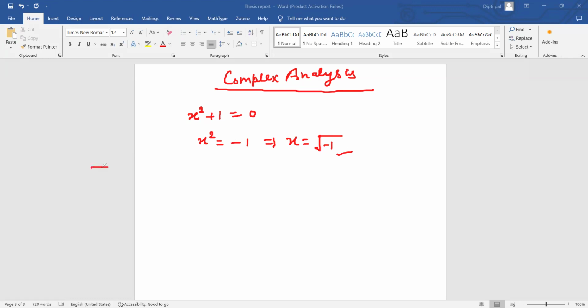Then the concept of square root of minus 1 is meaningless in the real number system.